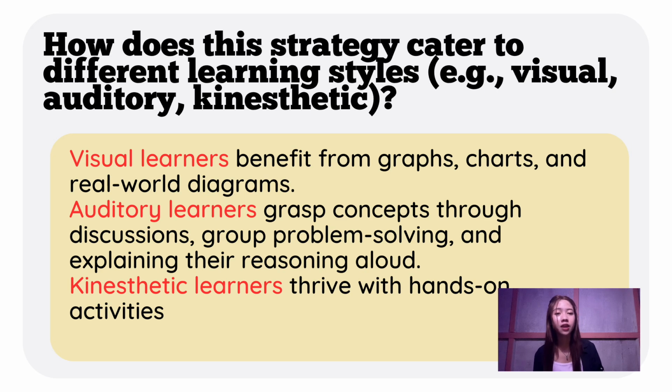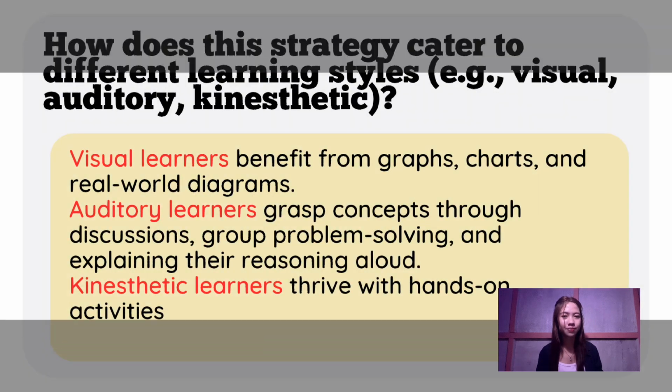Auditory learners grasp concepts through discussions, group problem-solving, and explaining their reasoning aloud. While kinesthetic learners thrive with hands-on activities such as measuring objects for a lesson on perimeter or experimenting with budgeting in real-world scenarios. By presenting math in different ways, context-based learning ensures that every student can connect with the subject in a way that makes sense to them, making learning more meaningful and enjoyable.